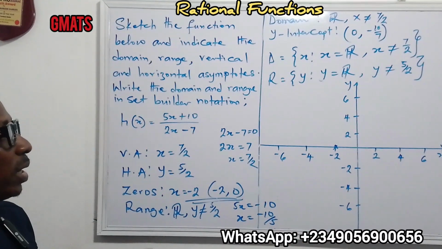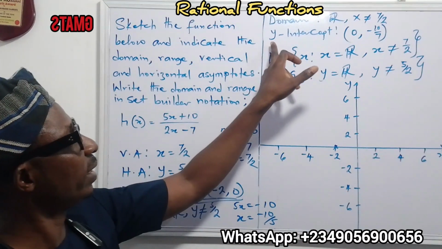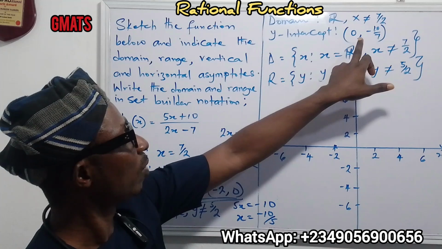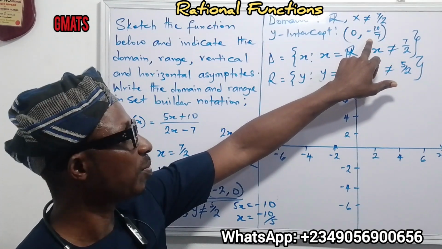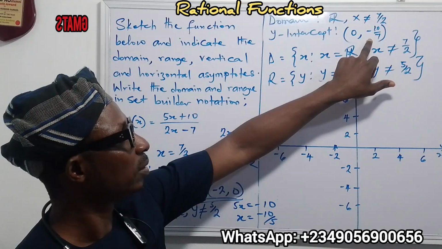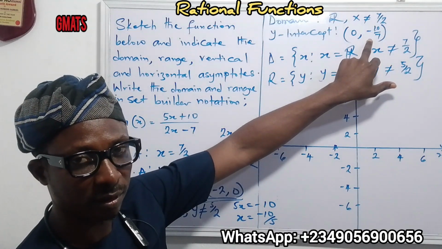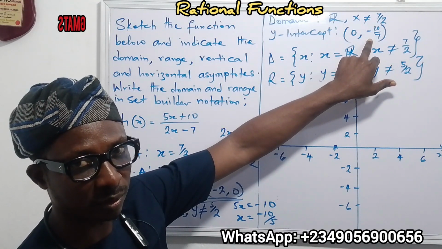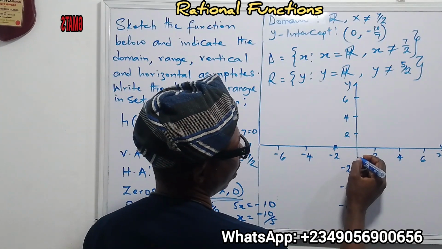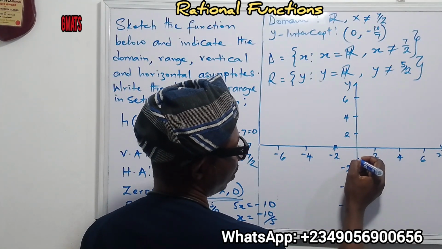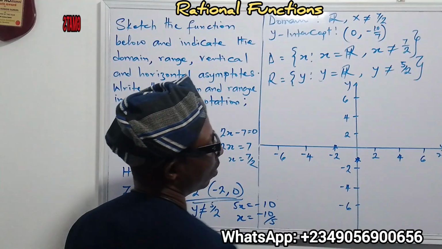And also, let's look at the y-intercept. When x is 0, y is -10/7, so that is around minus 1 point something. So that is going to be around this place. Just a sketch.